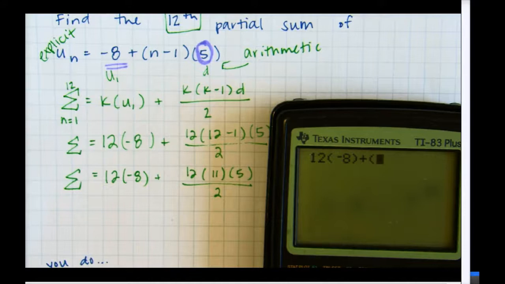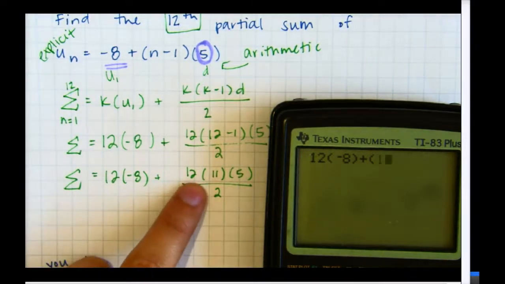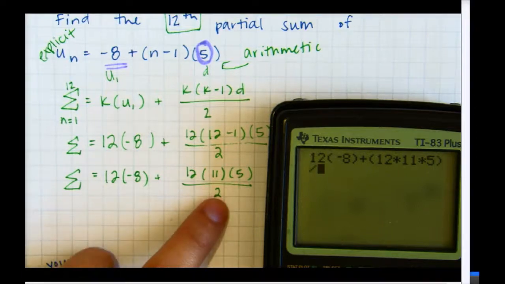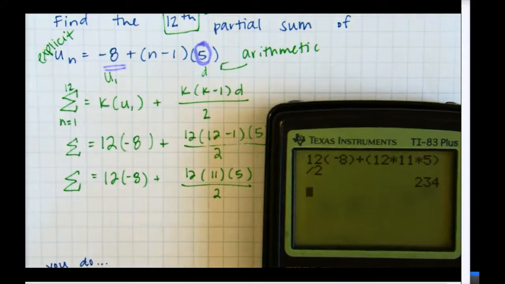So in parentheses, I'm going to take my whole numerator of the fraction, so 12 times 11 times 5. And then I'm going to close those parentheses and divide that by 2. And let's see what I get out. So my final sum is going to be 234.